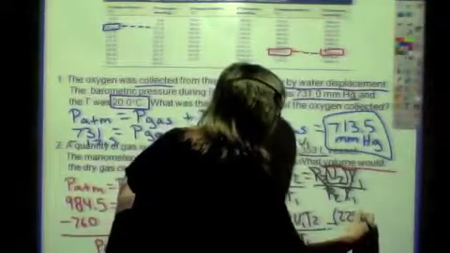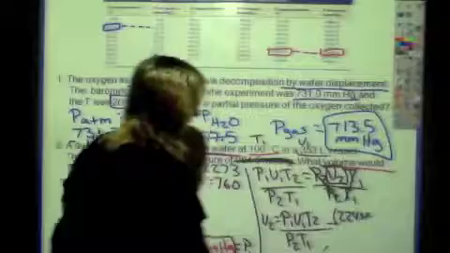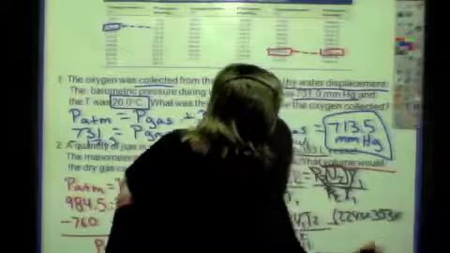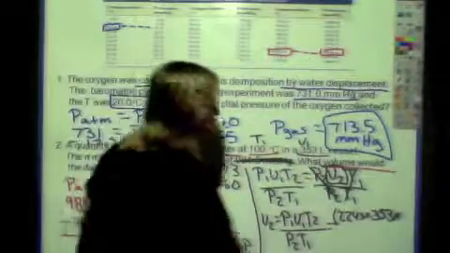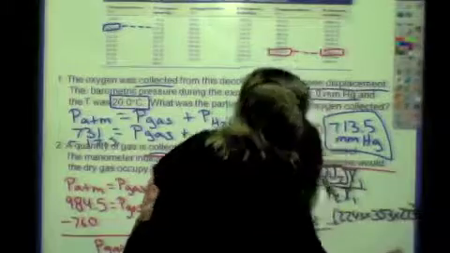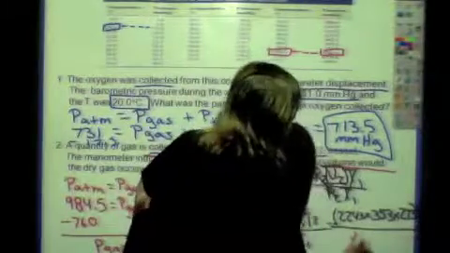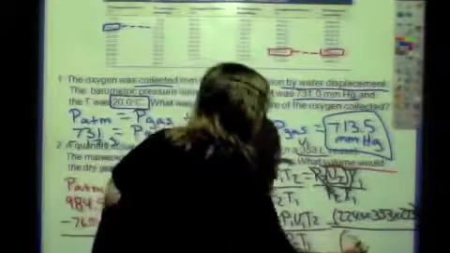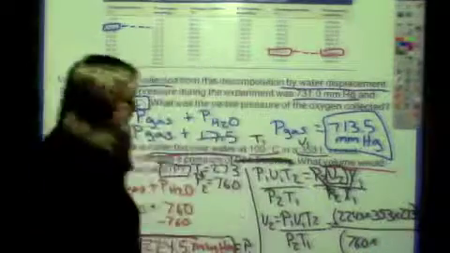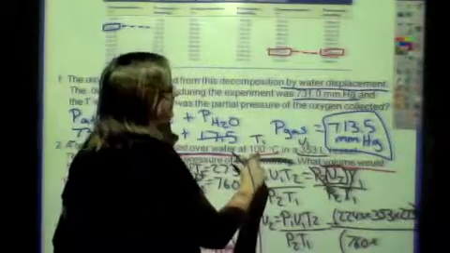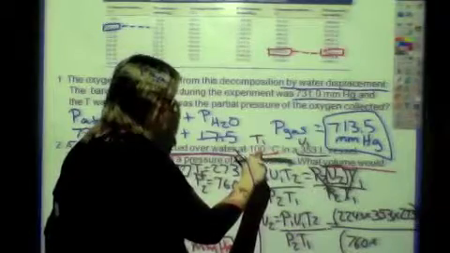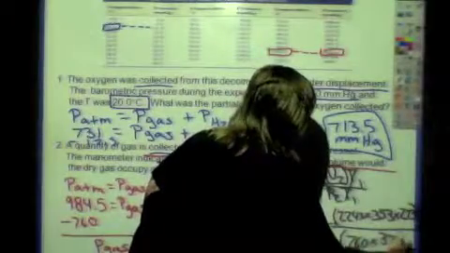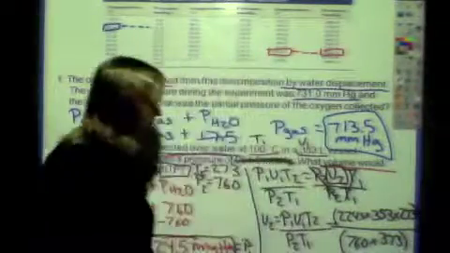So 224.5 times V1, 353, times T2, which is 273, divided by P2, 760, times T1, which is 100 degrees Celsius, so we need to add what to that? 273, so 100 plus 273 is 373, and solve.